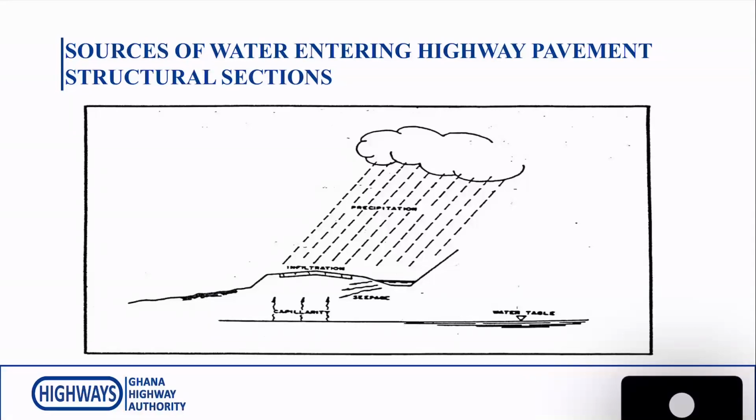The first is precipitation from rainfall and other things on the surface of the roadway. The second is seepage from the adjoining lands. And the third is capillary action from under the road pavement. So we need to tackle all three aspects of moisture entering the pavement, and our pavement will be strong.